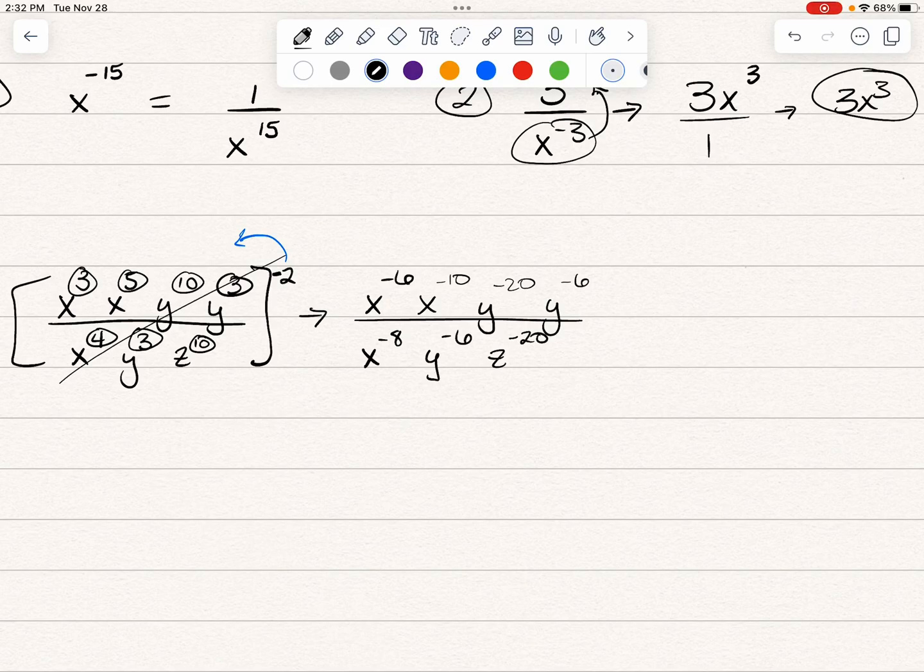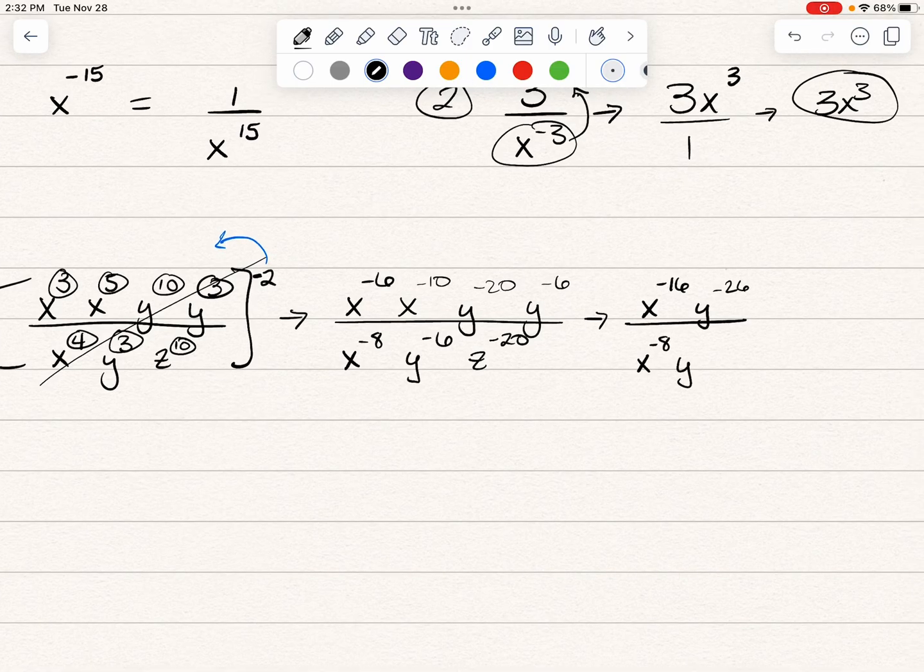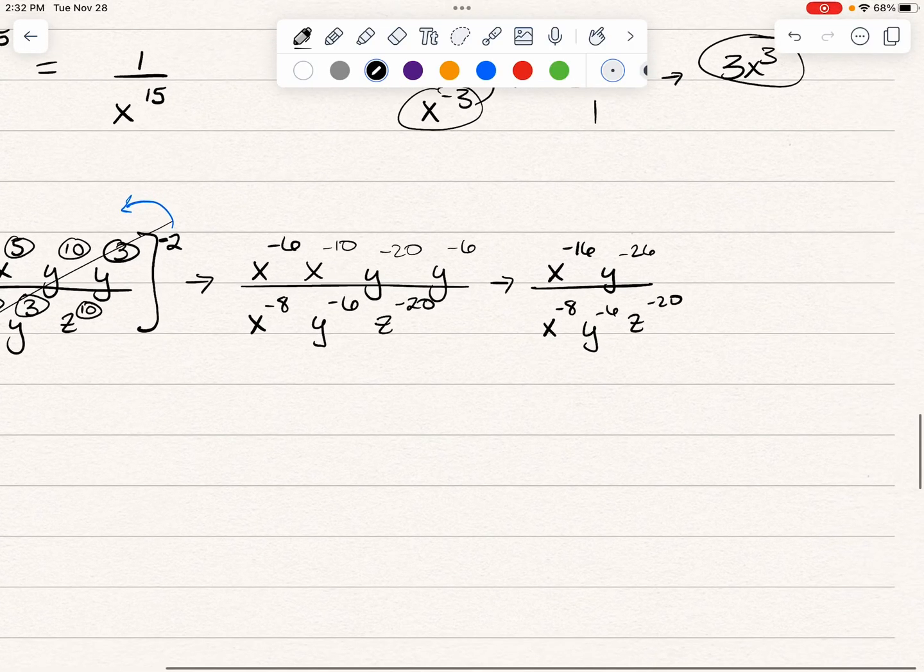The base here is x and x, so -6 plus -10 is going to give me -16. I have y to the -26. On the bottom, we have x to the -8, y to the -6, and z to the -20.